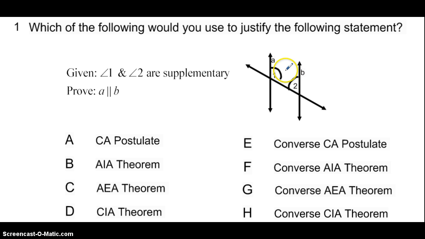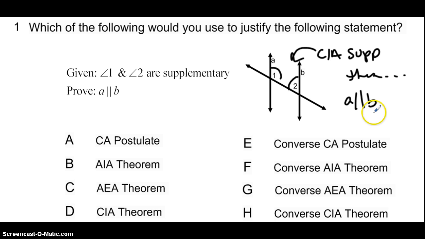If two lines are cut by a transversal so that consecutive interior angles are supplementary, then well, then we know that A is parallel to B. That is the converse. It would be the converse of the consecutive interior angle theorem, not just the theorem. The theorem would be the reverse of that, okay?